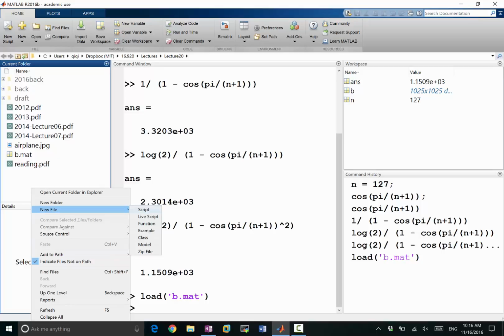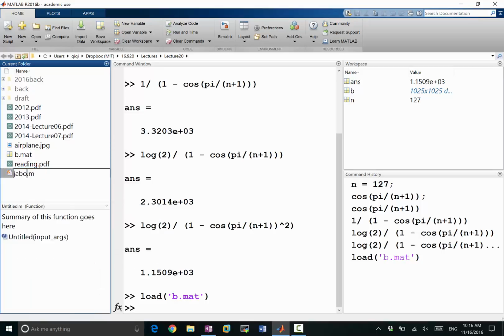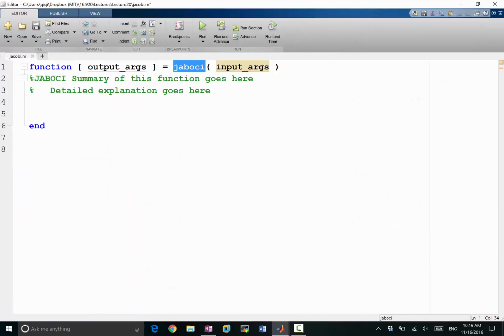So let's first remind ourselves what the Jacobi iteration is. Let's make up a function that applies the Jacobi iteration for only one iteration. The input is u0, b, and the output is u1.